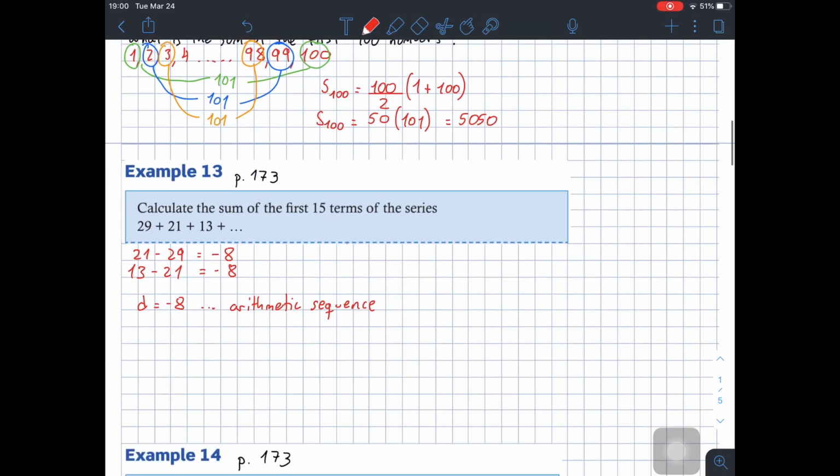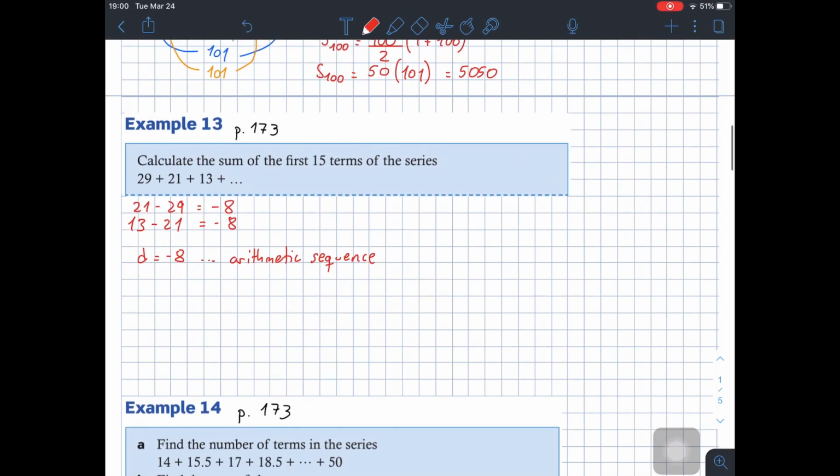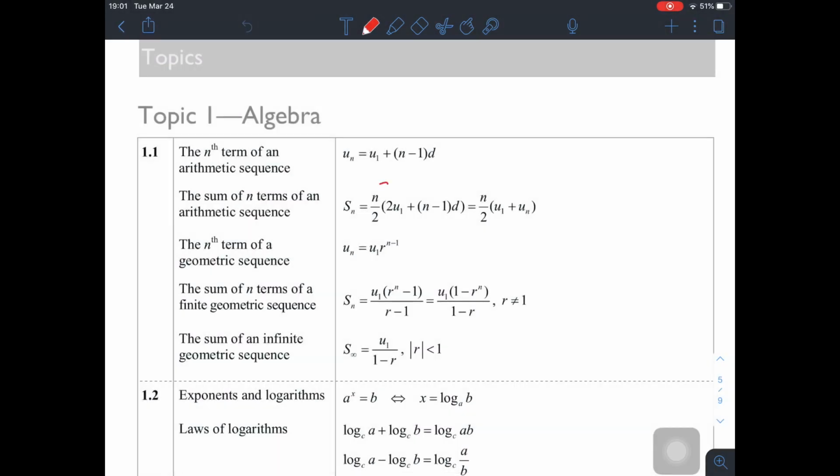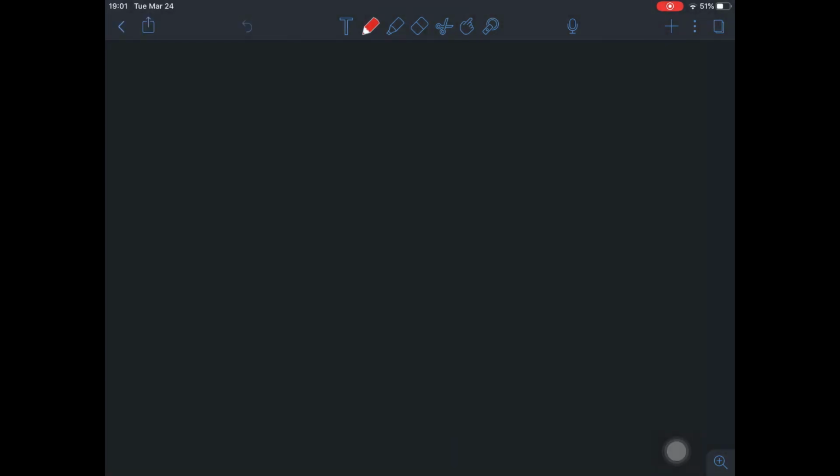So I'm going to show you the two ways. One way is to use this formula. S of n equals n over 2 times 2u1 plus n minus 1 times the difference. It's basically this formula over here, okay? So we're applying that one first.